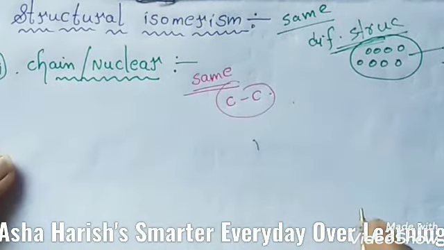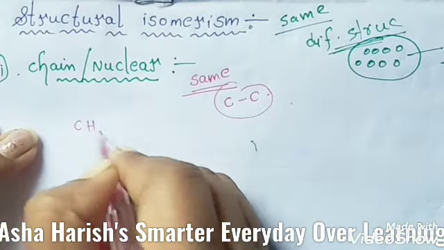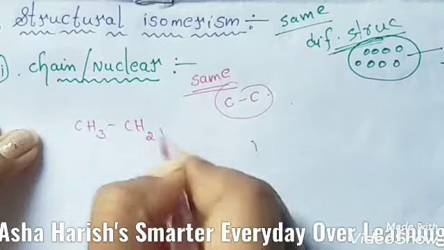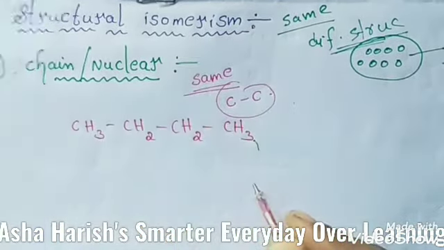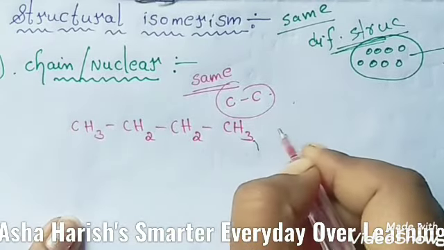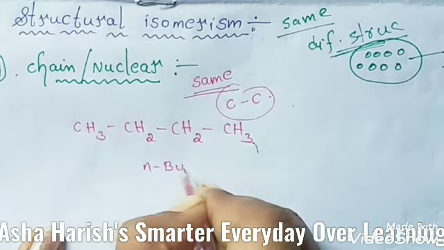For example, butane means CH3 CH2 CH2 CH3. Here there are 4 carbon atoms, so this is called butane, and students, we can also call it n-butane.